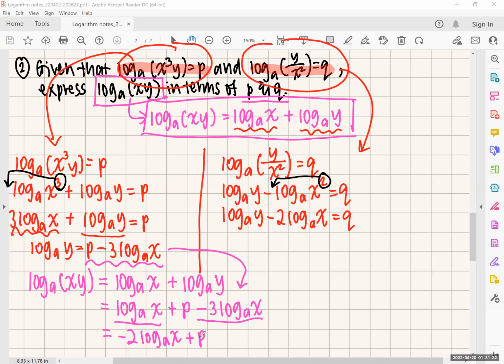That's when I realized, oh my goodness, I have minus 2 log AX, and just nice, here has also minus 2 log AX. So I'll make this the subject. That means I know that minus 2 log AX is equal to Q minus log AY. All right.